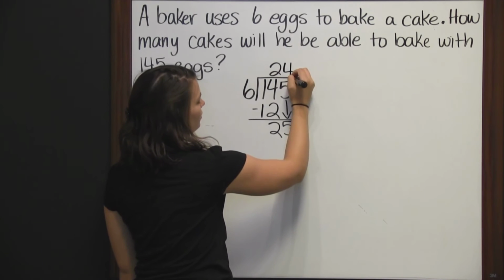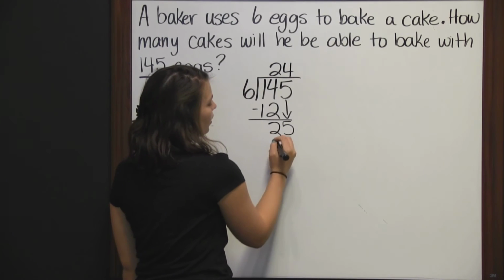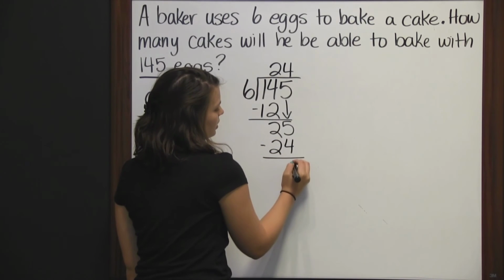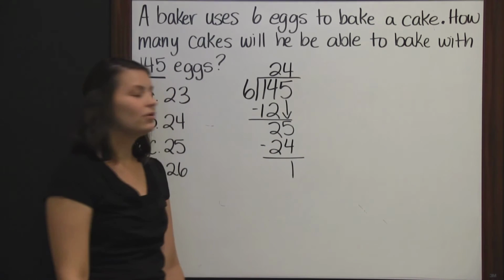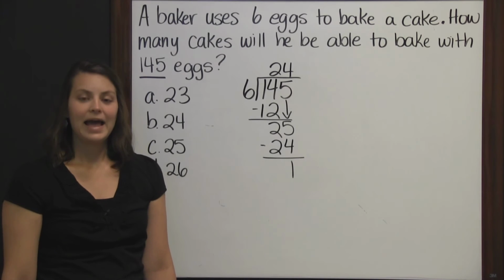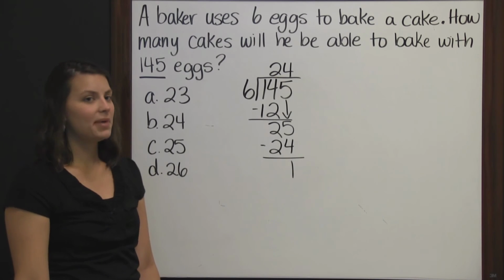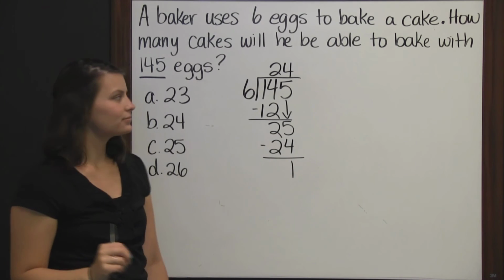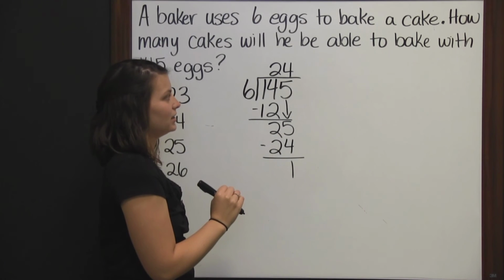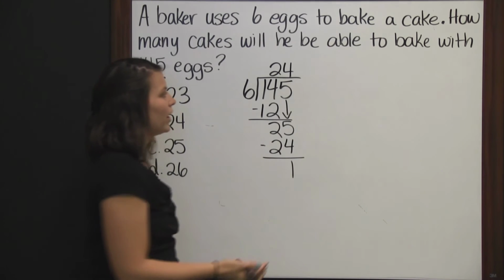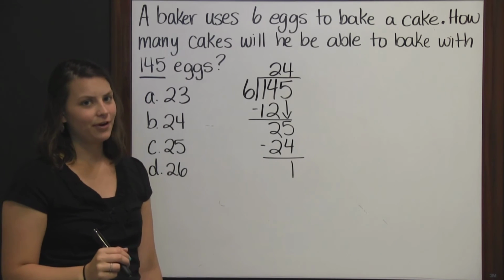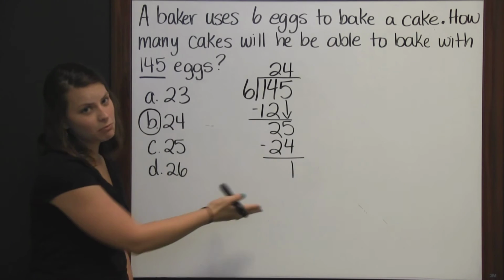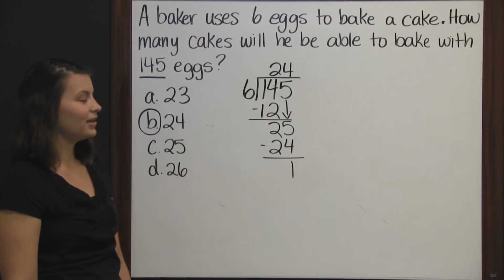So write the 4. 6 times 4 is 24. And then we subtract and we get 1. We have a remainder of 1. How many cakes can we bake with 6 eggs in each cake? 24 cakes. And we'll have 1 egg left over. So a total of 24 cakes, because we wouldn't want to just put 1 egg in a cake.